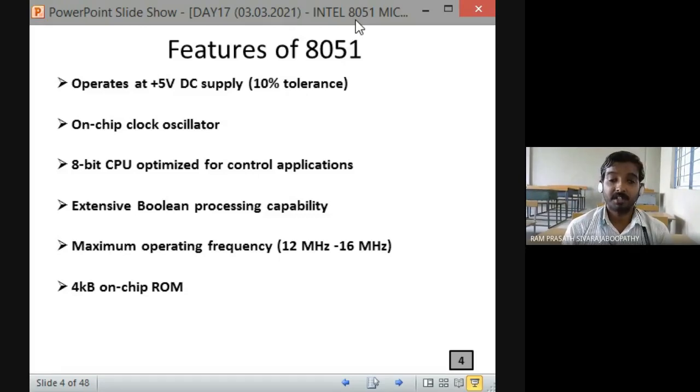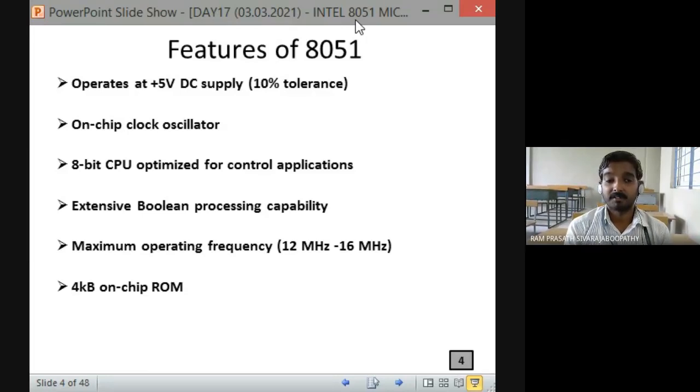So here in the 8051 microcontroller, you have a 4 KB on-chip ROM memory. Here only we are going to write the programs. Are you able to understand what I am saying? When we go for memory, we have two types: ROM and RAM. Consider our 8085 trainer kit, where the monitor code is stored in RAM or ROM?